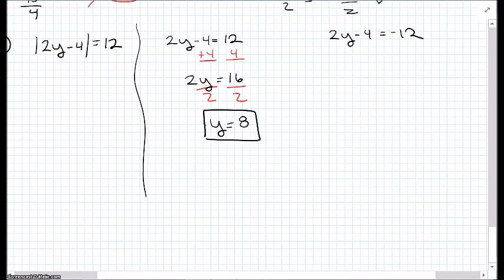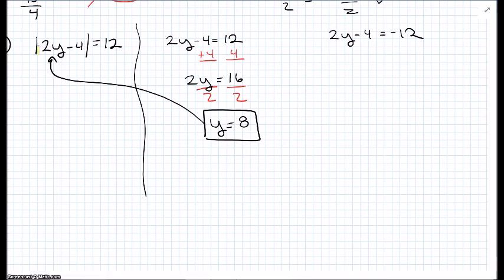And I can pretty easily from here check that to make sure it works. 2 times 8 is 16. So you can follow along with me. 2 times 8 is 16, minus 4 is 12. Okay, easy stuff. Absolute value of positive 12 is 12.